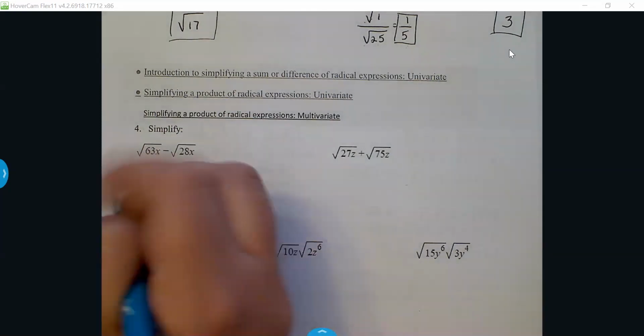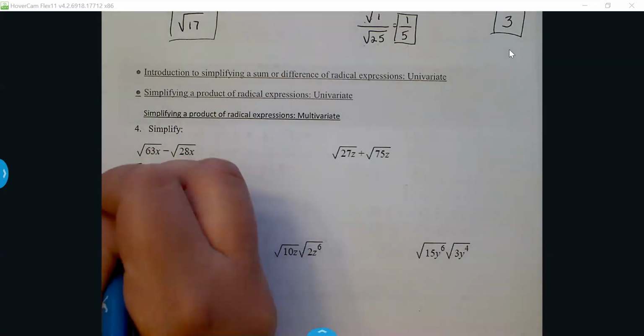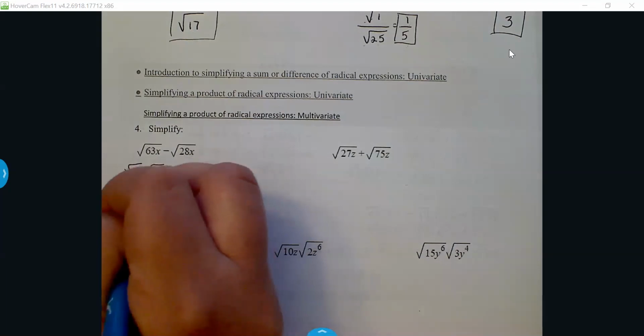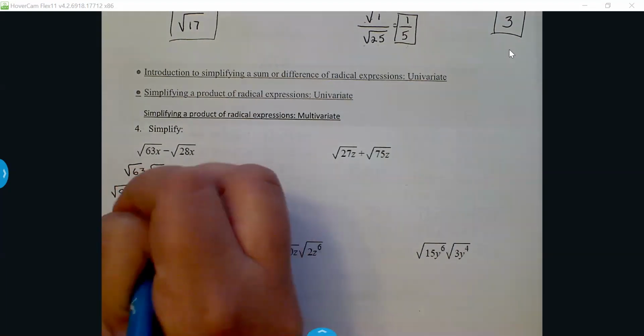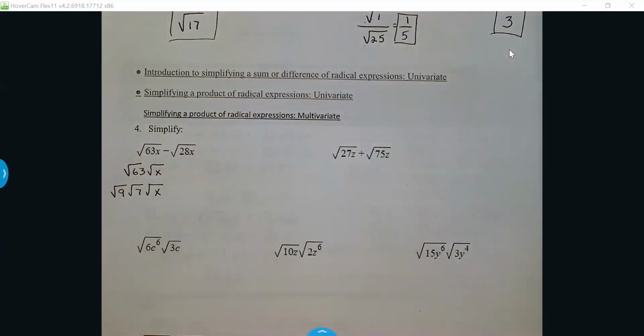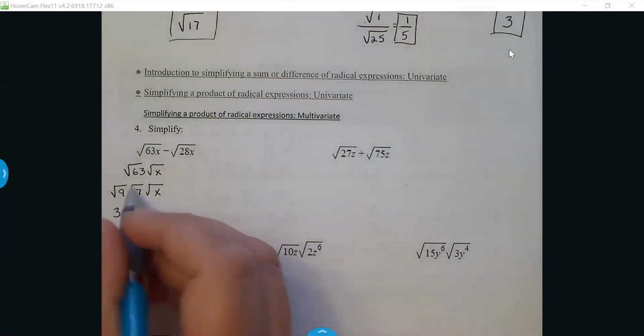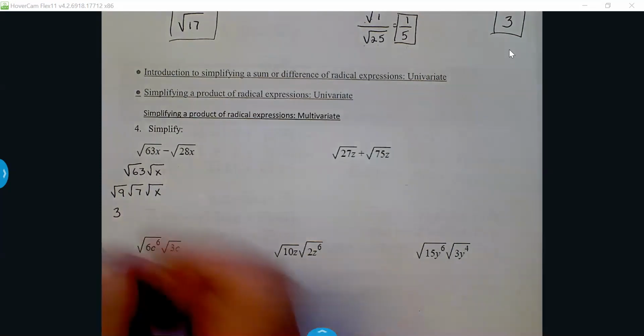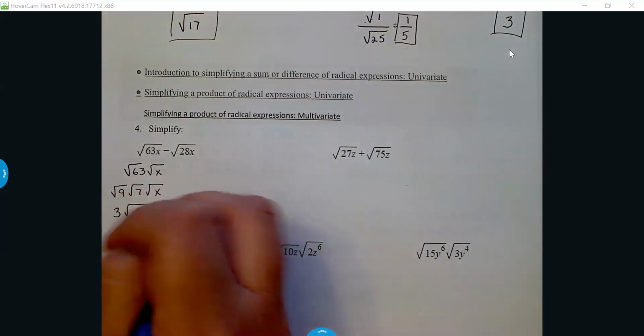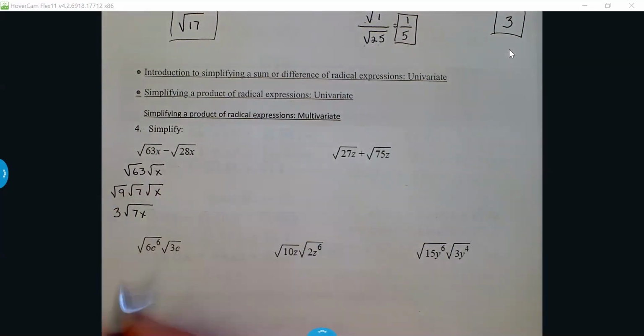And the square root of 63 becomes the square root of 9 times the square root of 7 times the square root of x. So this would be 3 times the square root of 7 times the square root of x. I'm going to put those back together underneath 1. So I have 3 times the square root of 7x.